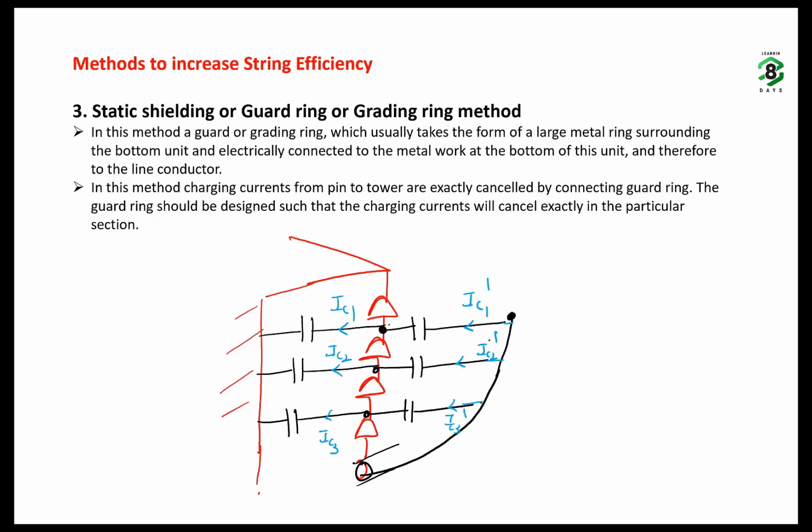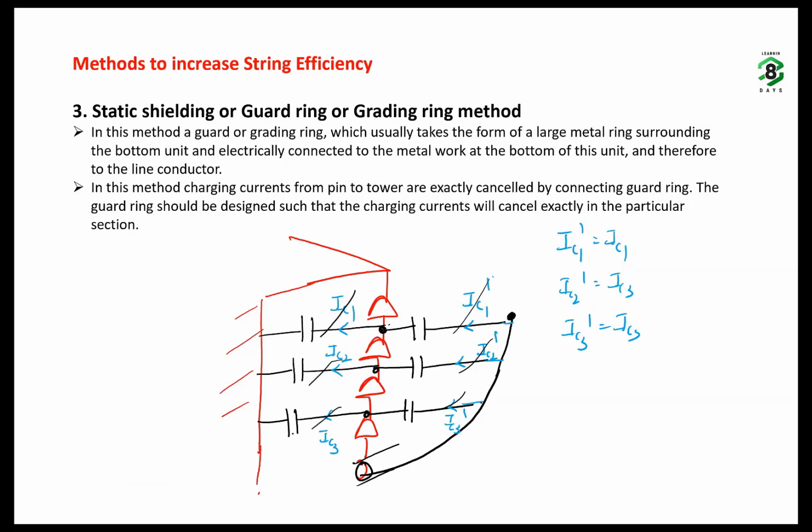If I design this ring such that the capacitive current flowing from this guard ring to the pin junction is exactly equal to the capacitive leakage current flowing from the pin junction to the tower, that is, IC1 dash equals IC1, IC2 dash equals IC2, and IC3 dash equals IC3, then these currents will cancel each other.